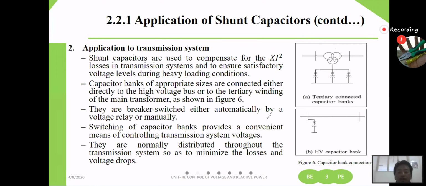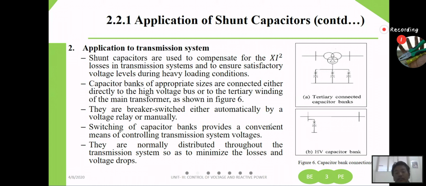This is how they try to minimize the losses in the transmission system, or compensate whatever losses are taking place, by employing the shunt capacitor, so that we maintain the acceptable voltage limit. They are normally distributed throughout the transmission system so as to minimize the losses and voltage drop.